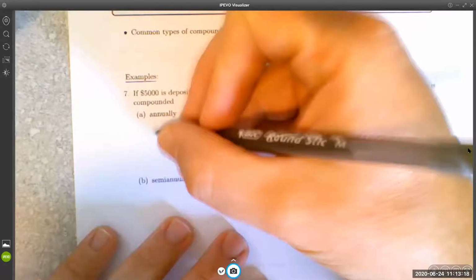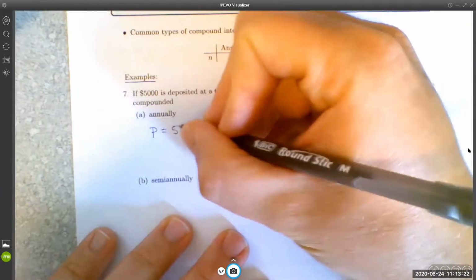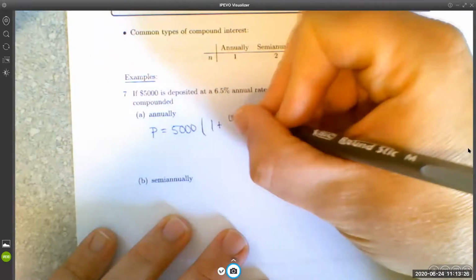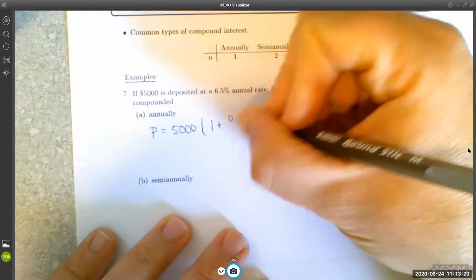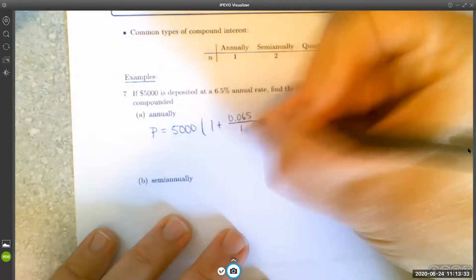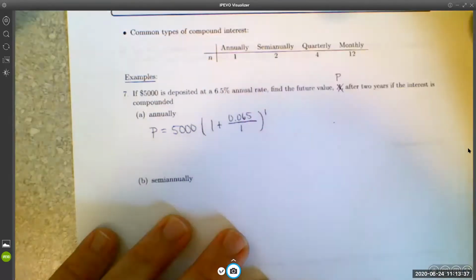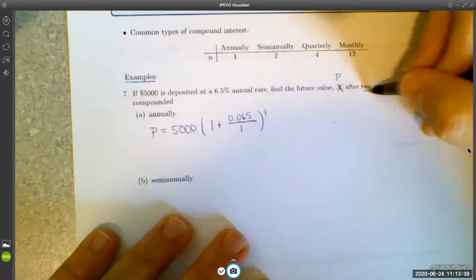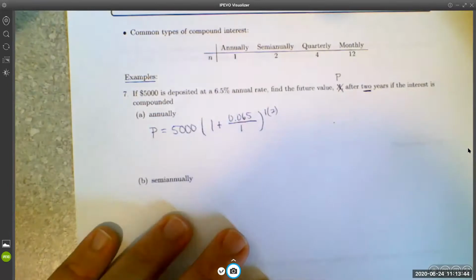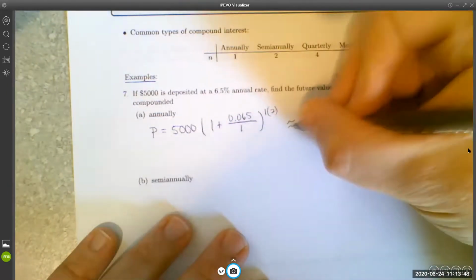Okay, so the final amount P is going to be the initial amount, 5,000, times 1 plus the interest rate divided by the number of times it's compounded. If it's compounded annually, n is 1, to the power of n times t. We want to know how much money is in there after 2 years, so t is 2. You can just pop that into your calculator.